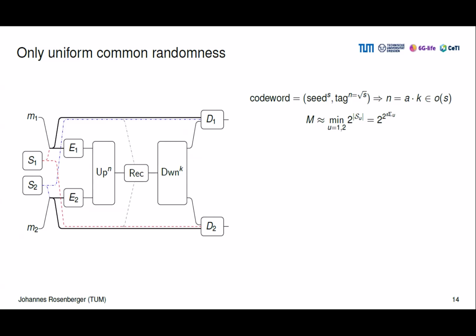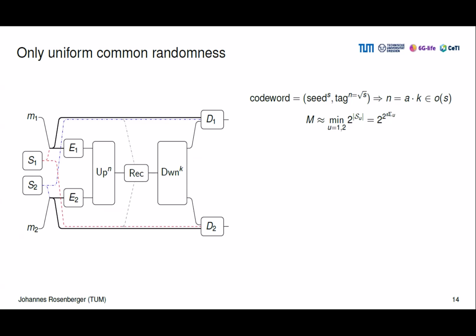As you've seen before, a randomized identification code or stochastic identification code usually is constructed by a hash function. So you hash a seed and the message, and you transmit the seed and the hash. Now, when you have common randomness, you can use that as the seed. So you don't have to transmit the seed anymore. You only transmit the hash.